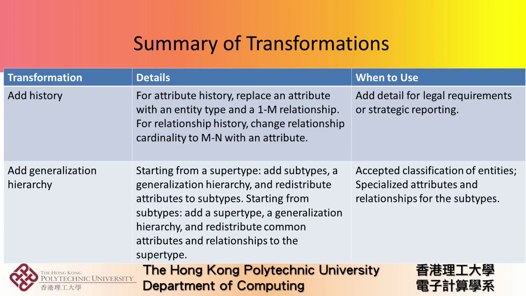When starting from subtypes, a supertype and a generalization hierarchy should be added, and common attributes and relationships should be redistributed to the supertype. This transformation should be used when classification of the entity is accepted and attributes and relationships for the subtypes are specialized.